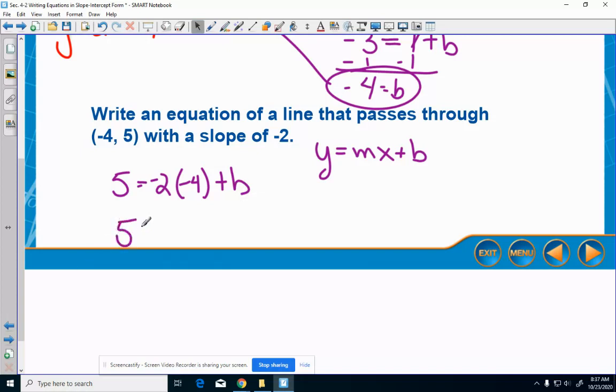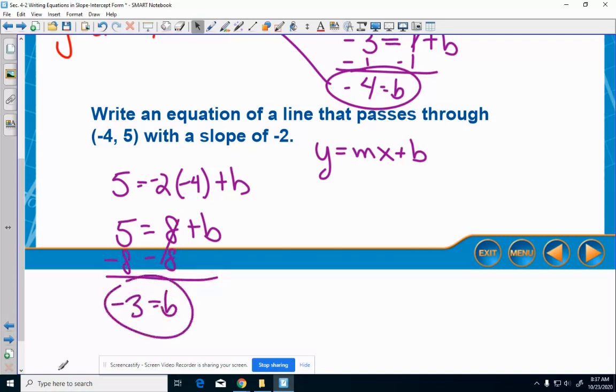So that looks like 5 is equal to 8 plus b. Maybe just look at that right now and say, well, obviously b has to be a -3, right? Or, I mean, obviously you can just subtract the 8 away and get -3 is equal to b. So the only thing you have left to do here is you got to make sure that you actually do what was asked of you.